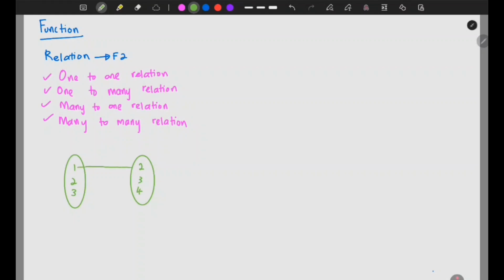So this will be the function, where 1 becoming 2, 2 becoming 3, 3 becoming 4. You can see that it is 1 to 1. This one going to 1. This means 1 to 1 relation.